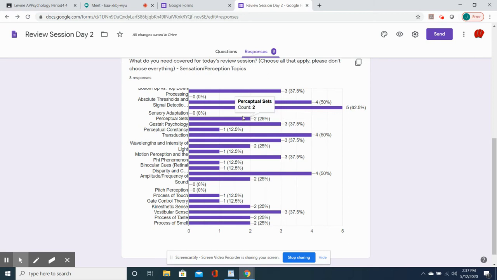Perceptual sets. Perceptual sets are basically when we are perceiving anything, when we are experiencing the world, we create a perceptual set. That's how we view and how we perceive the world. And most of the time, how we perceive the world is exactly how it is. But our perceptual sets can be fooled.